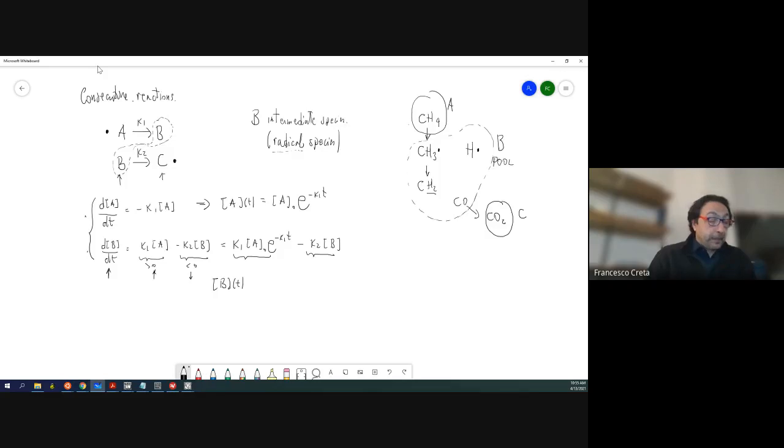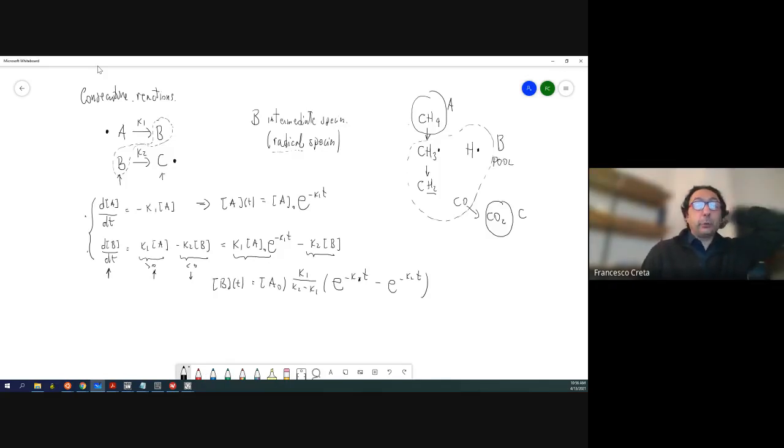It's not hard to verify that B is essentially A0 times K1 over K2 minus K1, times e to the minus K1t minus e to the minus K2t.